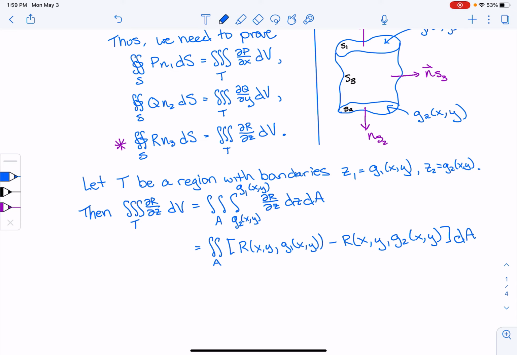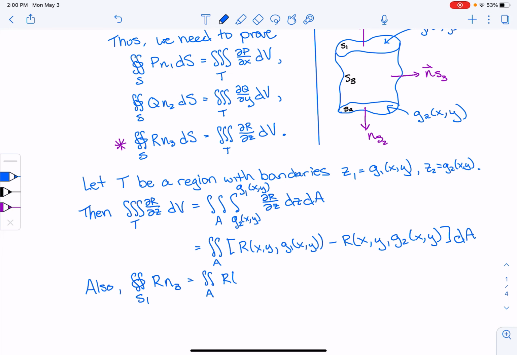Well, what about the other integrals? What about the surface integrals? So we have to integrate over 3 surfaces. So the integral over the first surface, S1, of R times the third component of n, n3, is going to just be the double integral over A of R of, now I'm going to evaluate on the surface.